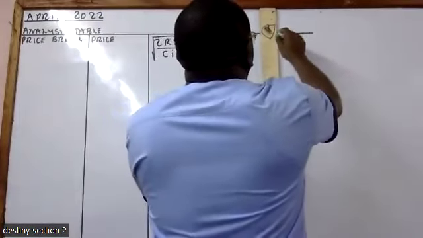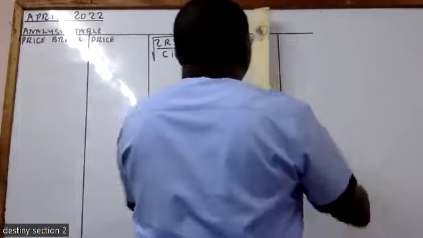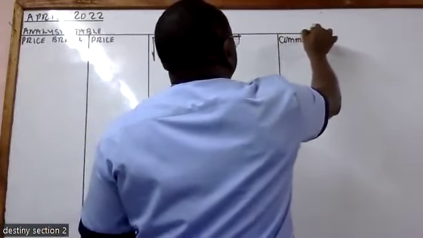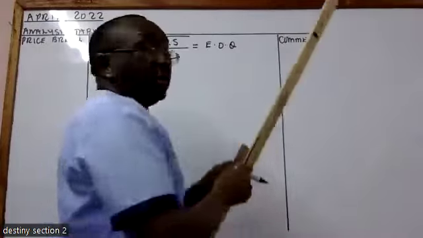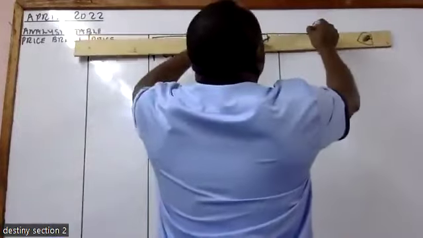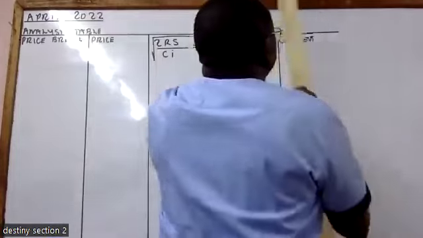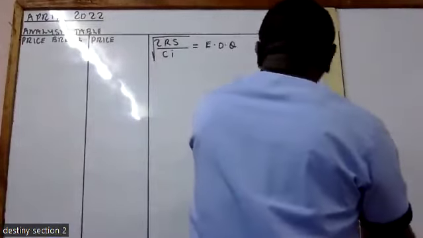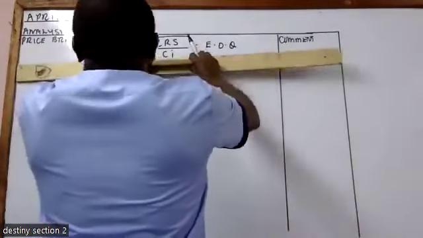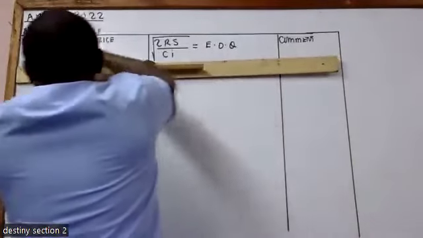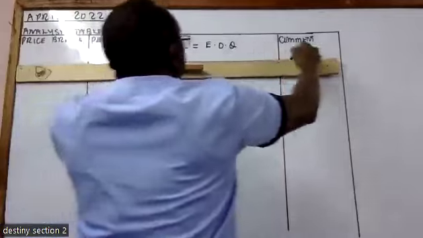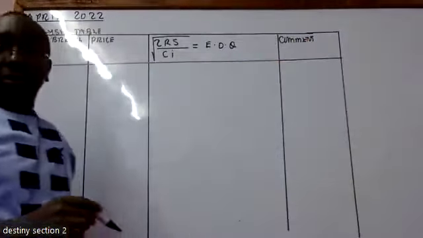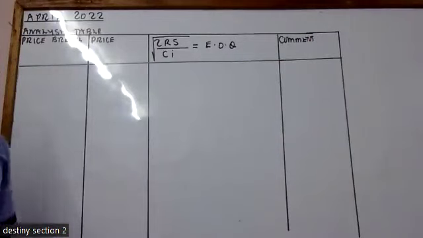And then after that, we have a space where we come and make comments. So that is how you design the first table.